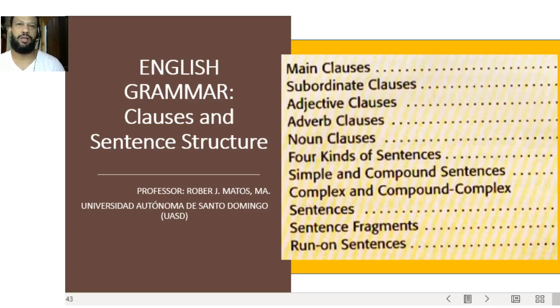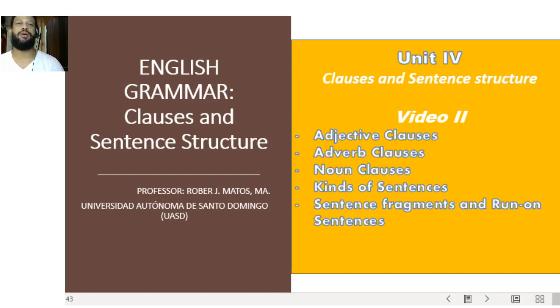We also included information about different types of sentences depending on the structure they had. Okay, today we're going to continue covering contents about the sentence structure, but today we'll be focusing on different types of clauses within the sentence.